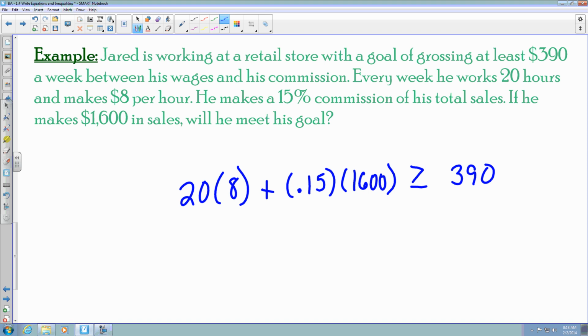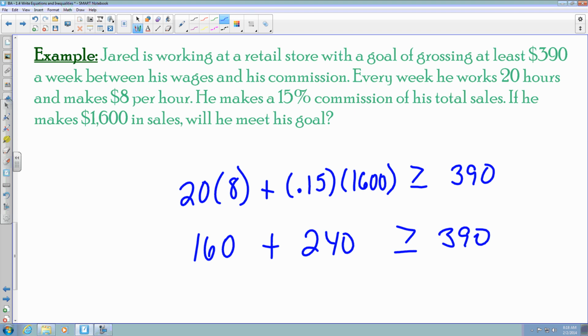So let's solve accordingly. Because of order of operations, we have to do 20 times 8 first, which gives you 160, plus, and then we have to take the multiplication of 0.15 and multiply it by 1600, which gives you 240, and see if it's greater than or equal to 390.